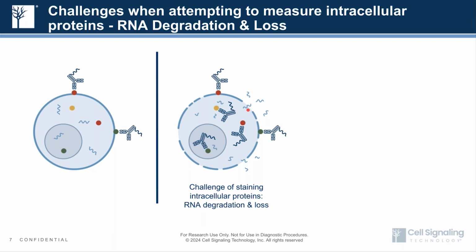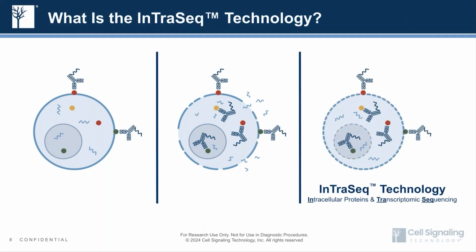showing that there is some RNA degradation happening. So over 3 years, we developed InTraSeq, which is basically an assay kit that comes with buffers that allow you to fix and permeabilize the cells and make sure that your RNA is retained inside the cell and that it's not degraded in the process.